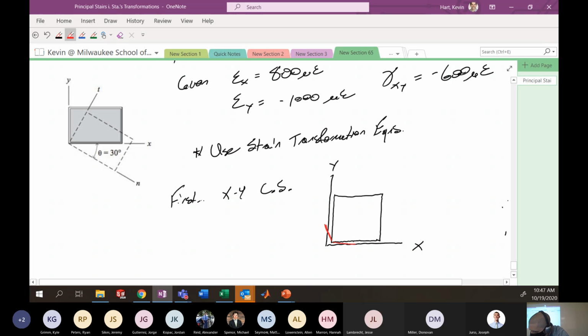Getting more stout in Y, elongating in X. So maybe something like this. This is a huge exaggeration, but we get the idea. Strange one.